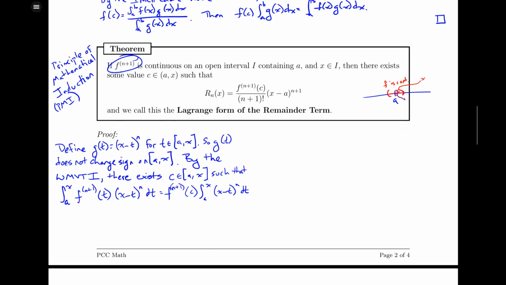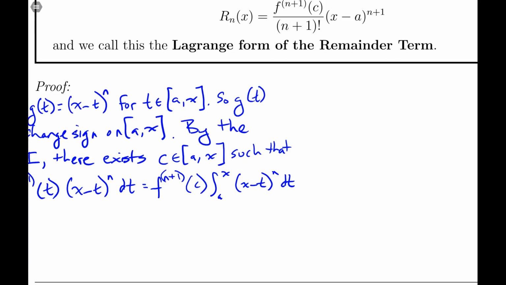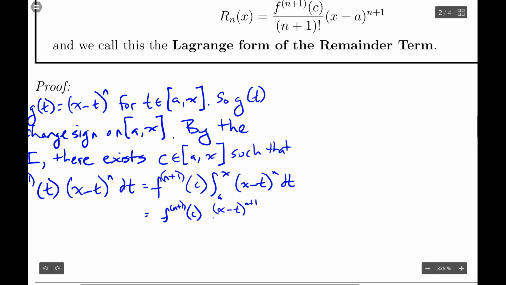Now let's go ahead and just evaluate this integral. The n plus first derivative at c stays the same. If we find an antiderivative of x minus t to the power of n, remember our variable is t, so we're going to have x minus t to the power of n plus 1 over n plus 1, but we want to make sure that we get a negative as well, because the variable is t, and t is negative in here.